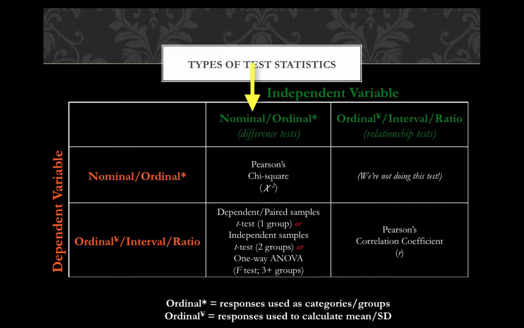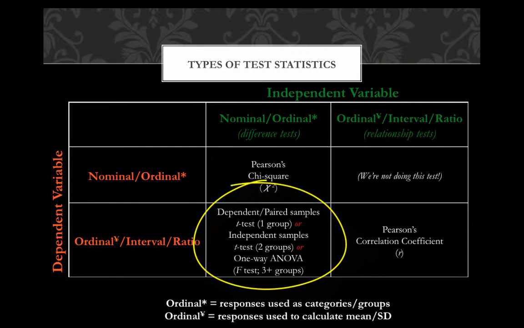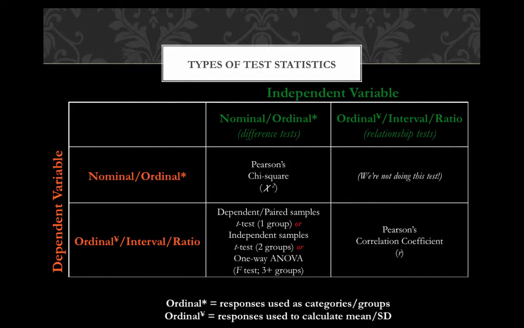And we're either going to look at differences between groups on outcomes like nominal ordinal variables, or if we're going to be comparing means, and each of these groups have their own means, we're looking at this cell here. We're looking at the different t-tests, or if we're looking at an ANOVA, looking at differences between groups.